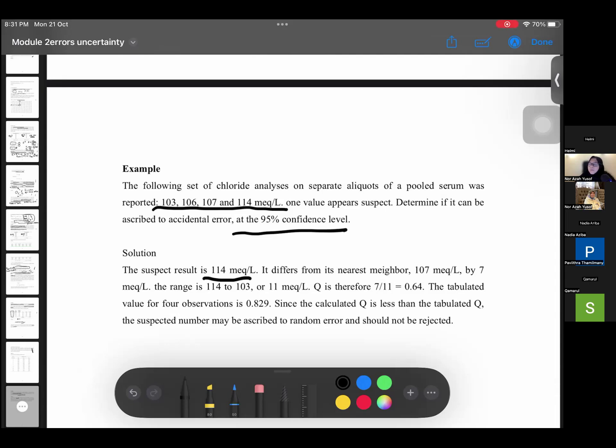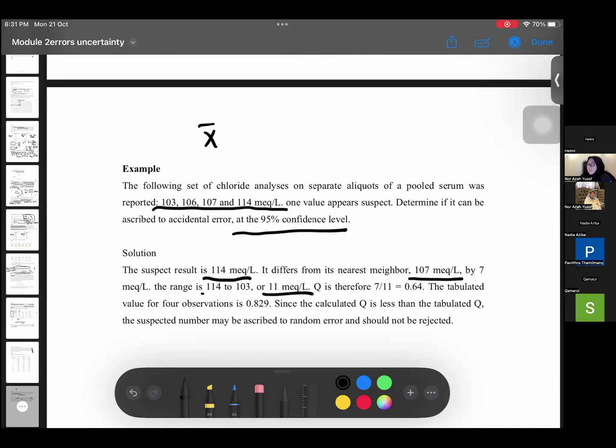If you're not sure, you calculate the mean, and the value that has the largest difference from the mean is the suspicious one. It differs from its nearest neighbor, which is 107, and the range is the biggest range.